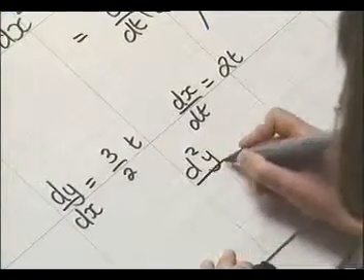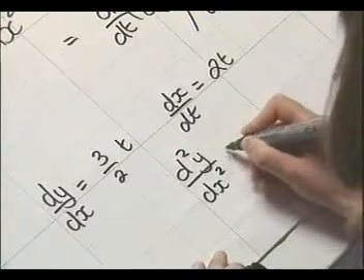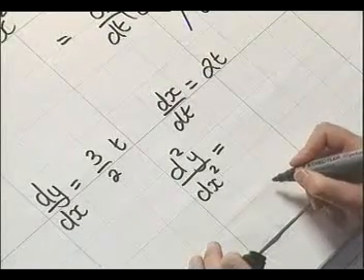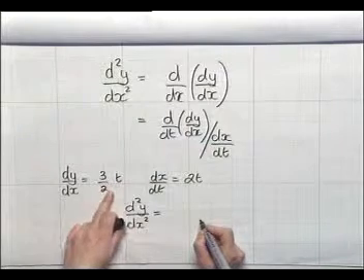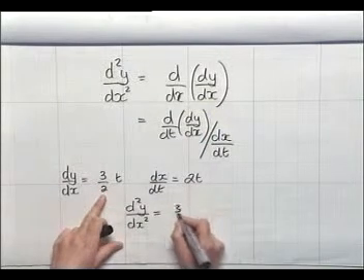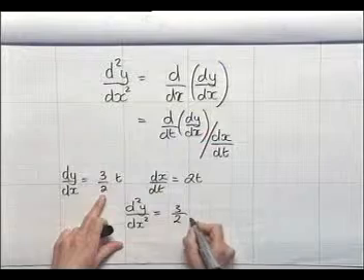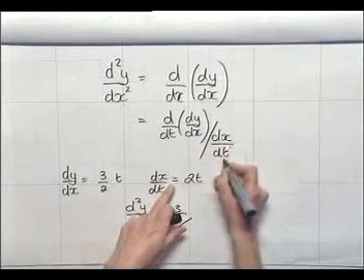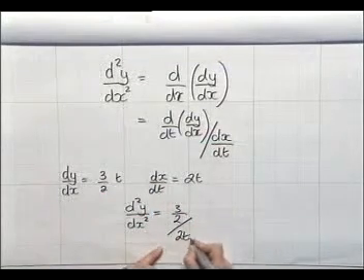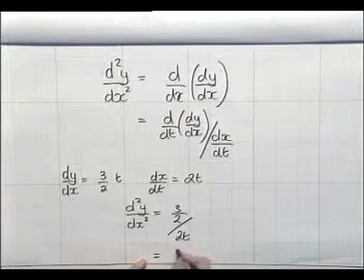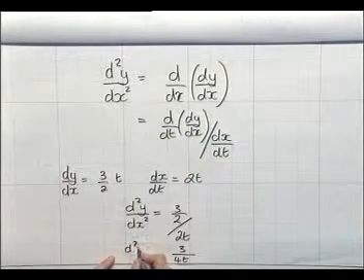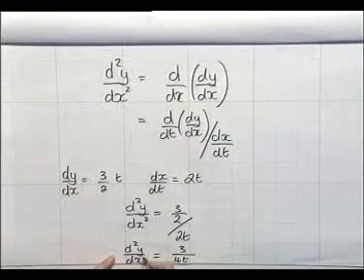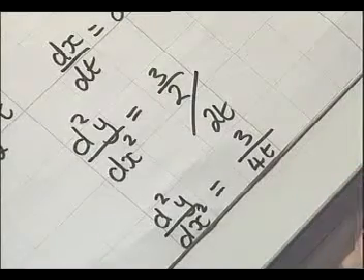So now we can do the substitution: d2y by dx squared is equal to the derivative of dy by dx with respect to t, so that's 3 over 2, divided by dx by dt, which is 2t. That gives us 3 over 4t. So d2y by dx squared is 3 divided by 4t.